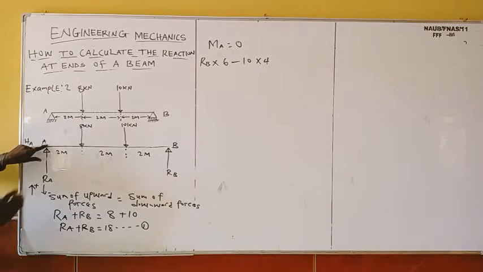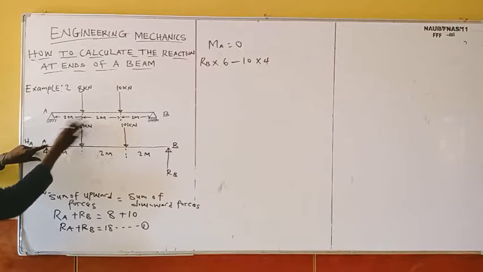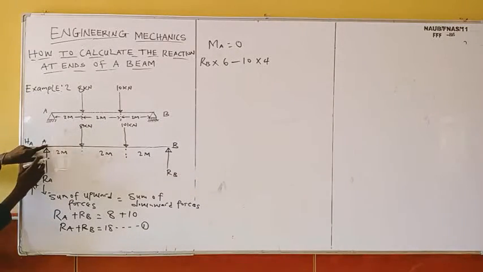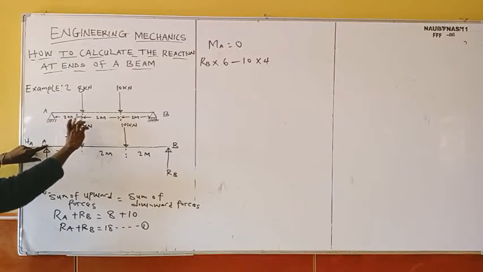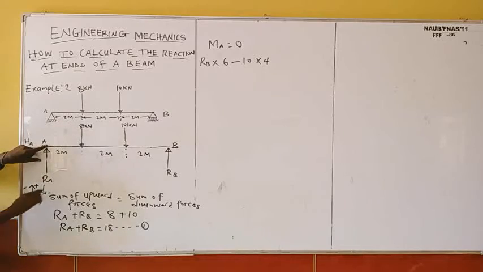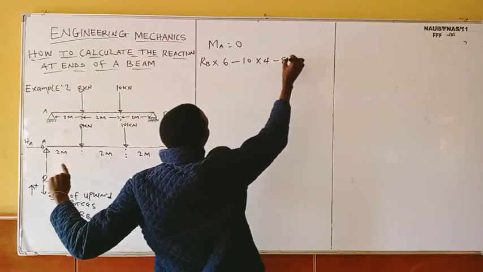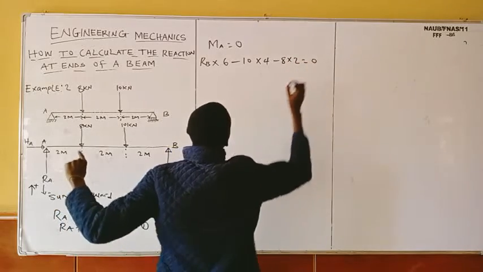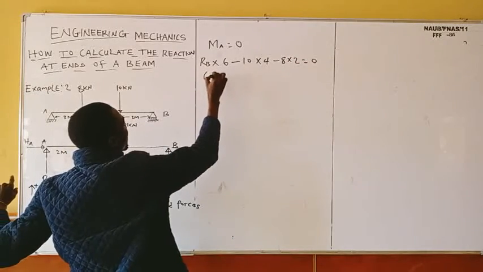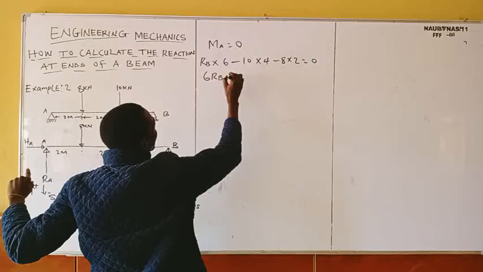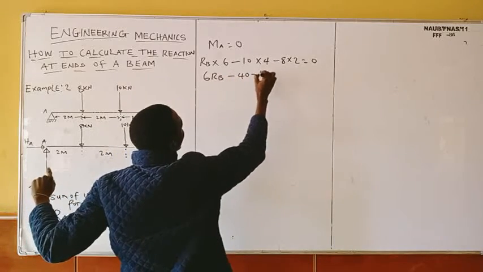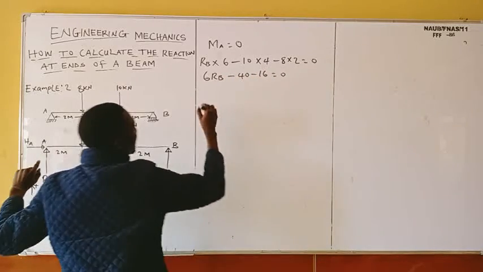You get that? So the next one is what? 8 kilonewton, right? And it covers a distance of what? 2 meters. You get that? So it means 8 times what? 2. But downward force is what? Negative. It's going to be what? Minus 8 times 2. Everything equals to what? 0. So this one will be 6 RB. This one will be minus 40. This one will be minus 16 equals to what? 0.